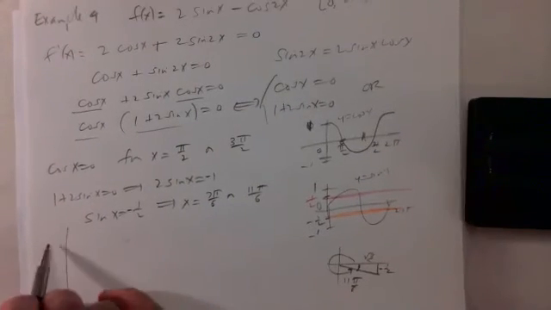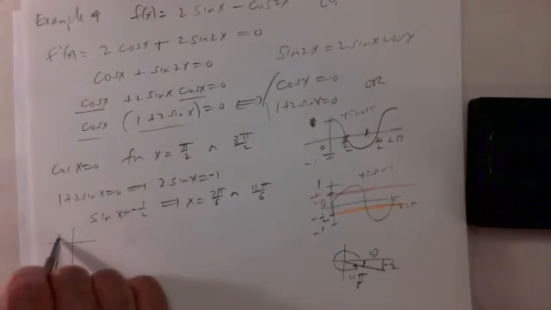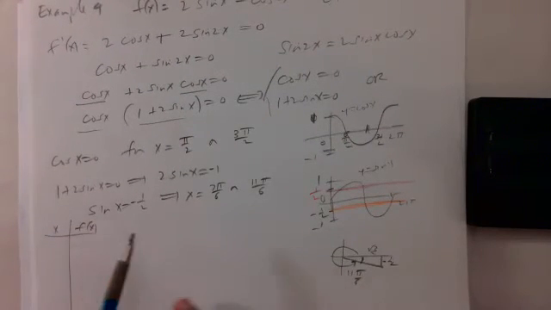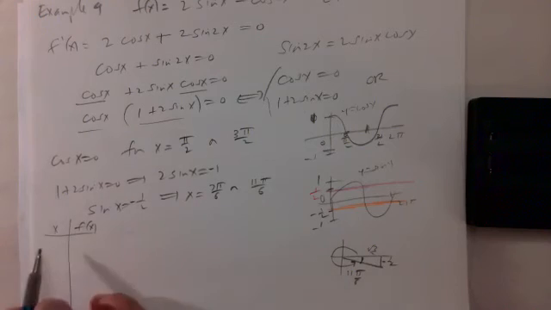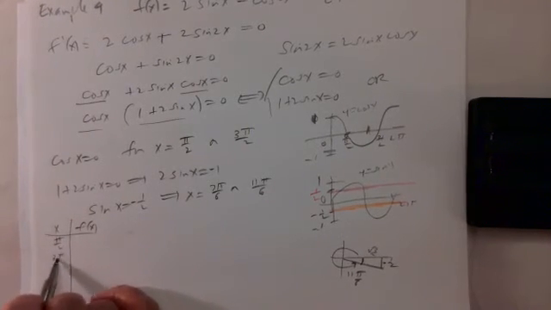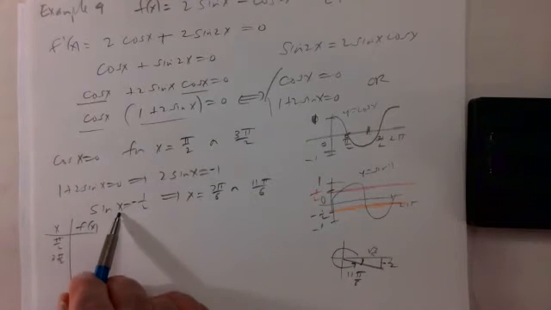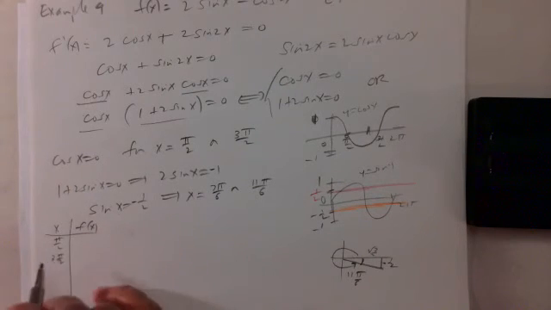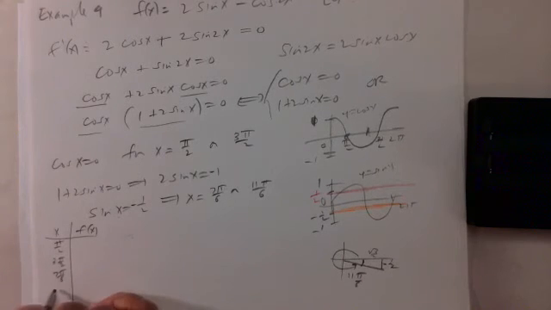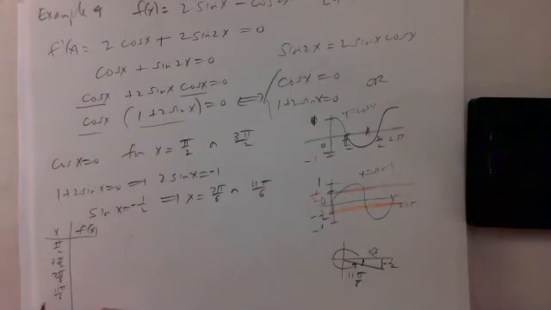So we have to compute the value of f of x at the critical numbers. What are the critical numbers? For the cosine, pi over 2 and 3 pi over 2. For sine x equal minus 1/2, 7 pi over 6, 11 pi over 6, and at the endpoints of the interval, which are 0 and 2 pi.